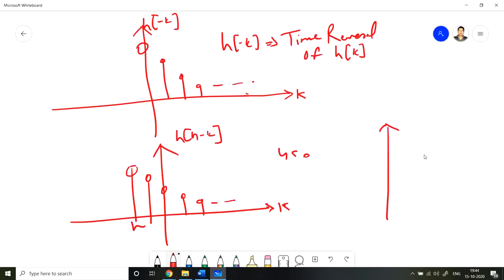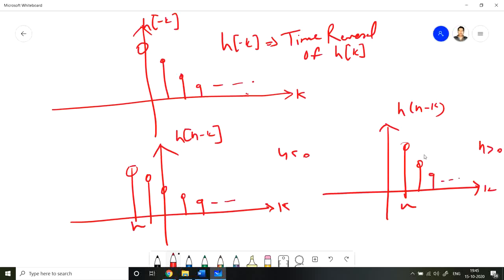And when n is greater than 0, it is shifted to the right hand side. So this is the graph of hn minus k when n is greater than 0.